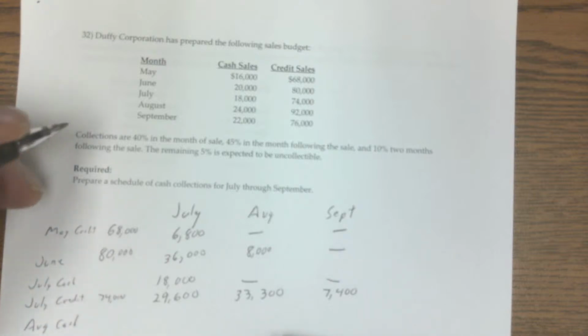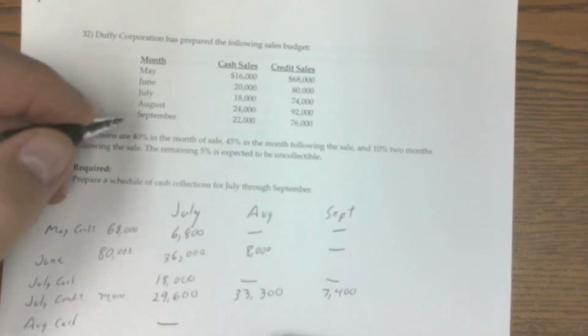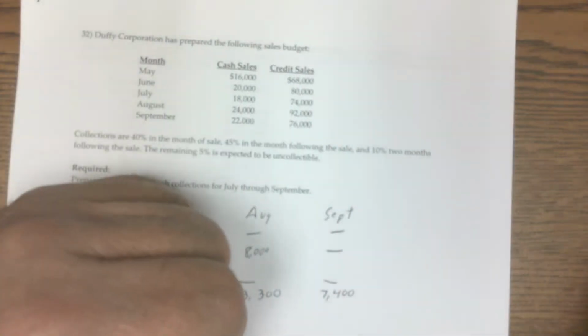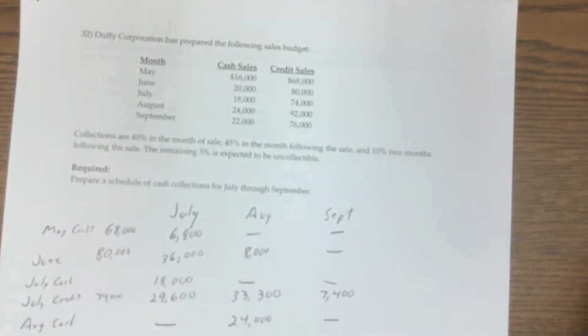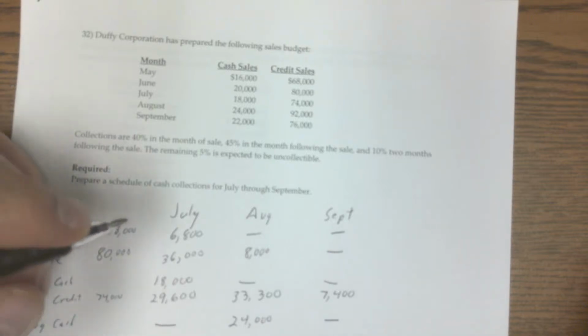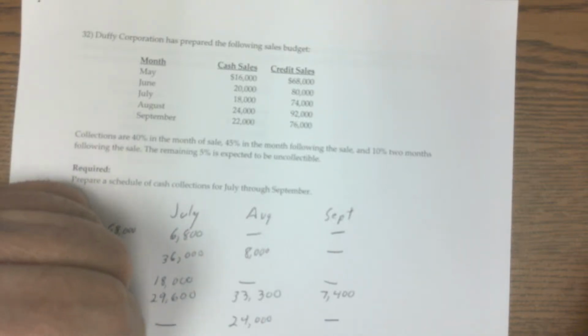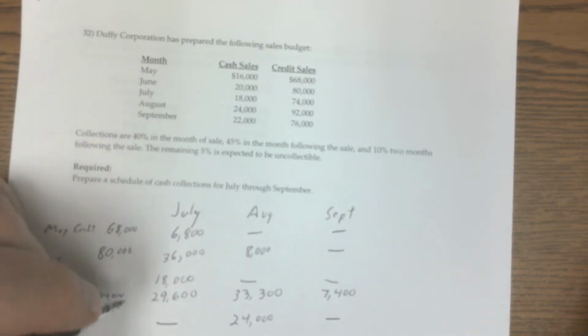Okay, then we go to August cash. The August cash is going to be 24,000. None will get collected in July, but we get 24,000, and none of the cash of August gets collected in September. Then we go to August credit. And so in July, we don't collect any of that, but in August, and August credit was 92,000.